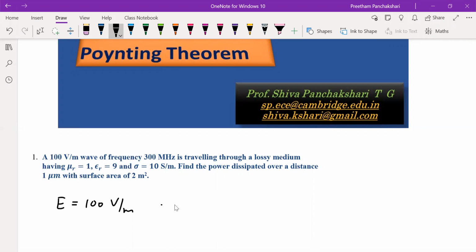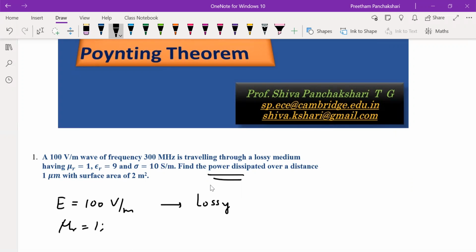The medium is lossy. The previous problem discussed in the previous video was lossless. He is having the values of mu r, which is 1. Mu r should be 1 because the medium is lossy generally. Conductors, when we take to find the power dissipation, mu r remains 1.